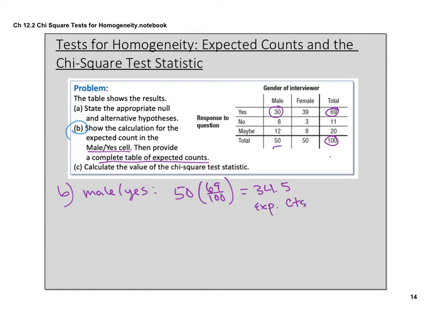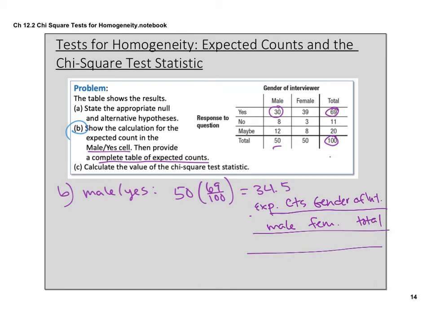Expected counts, gender of interviewer, and I've got male, female, total. Then you've got yes, no, and total. Okay, so we already did this first one up in the top left, which is 34.5.